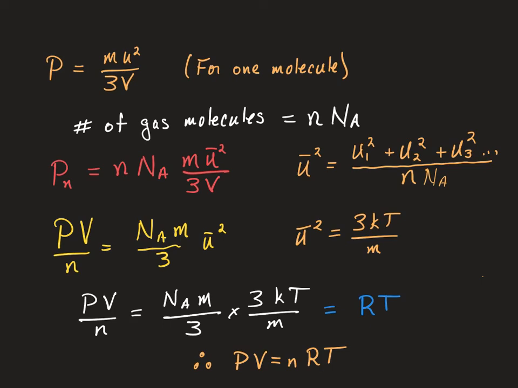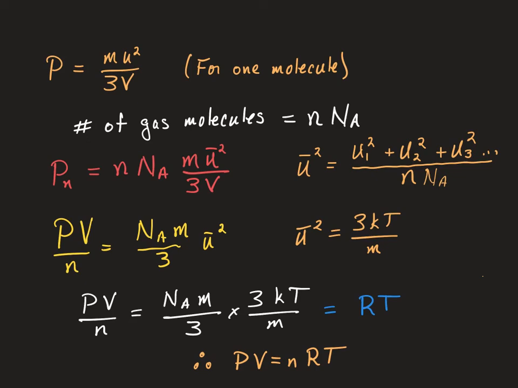So that's what that bar means, is that we have taken the speed, squared it, and determined the average for that. So you get the average squared speed throughout the sample. Because remember, some of the molecules are going faster, some are going slower. Okay? So this is represented by that.